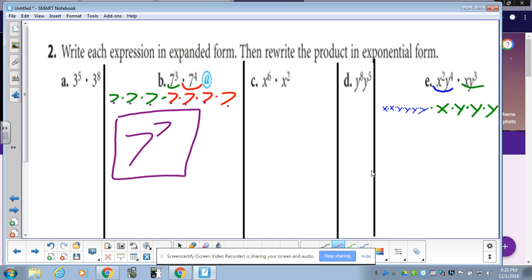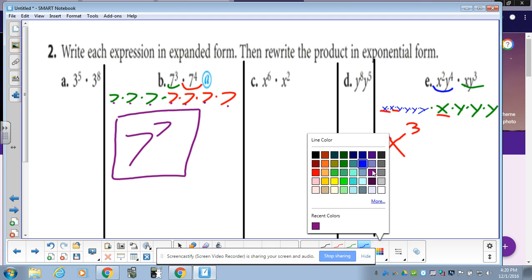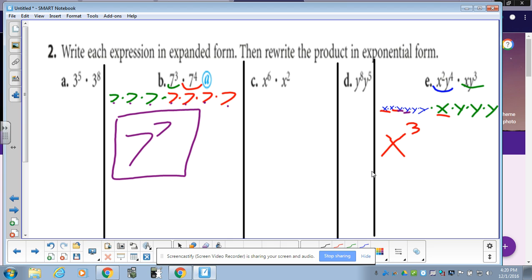Now, let's take a look at the x's. I have an x. 1, 2, 3. I have 3 x's. X to the third power. And then let's take a look at the y's. I have 1, 2, 3, 4, 5, 6, 7.